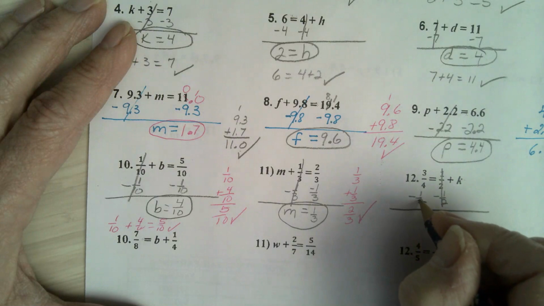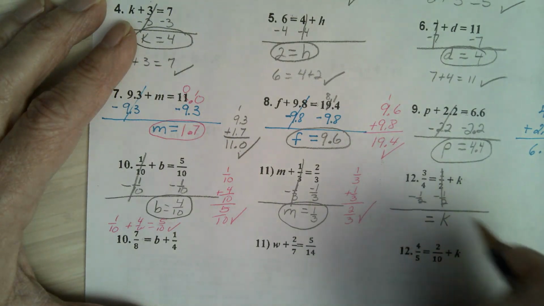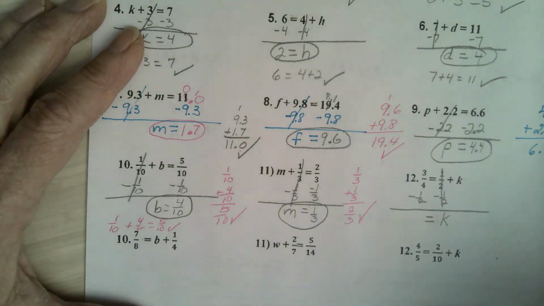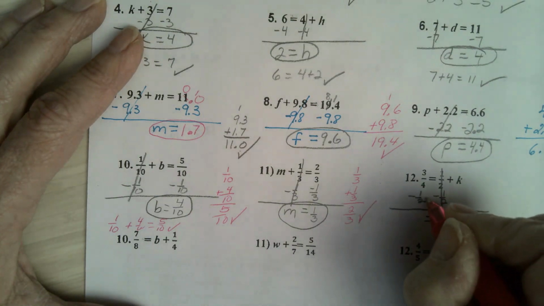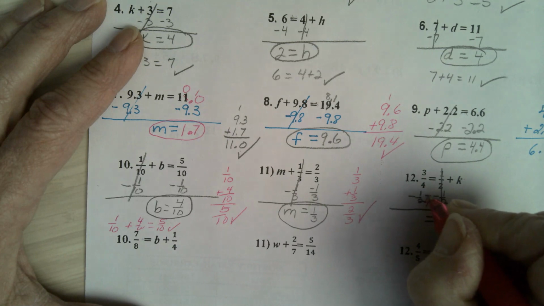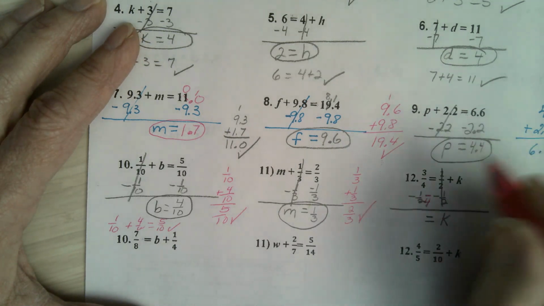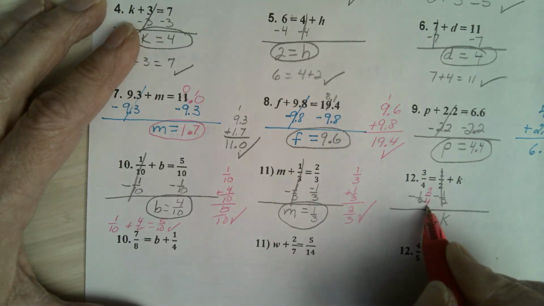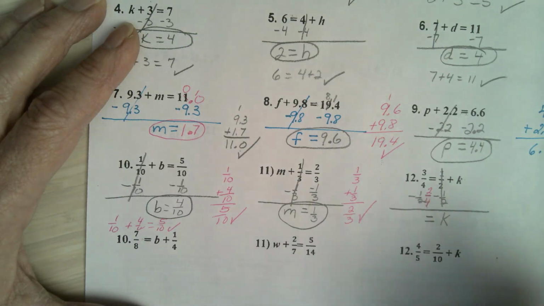What's going to be my common denominator between a 4 and a 2? 4. So we're going to change 1/2 to fourths, okay? 1/2 equals how many fourths? 2 fourths. 2 times 2 is 4. 1 times 2 is 2.